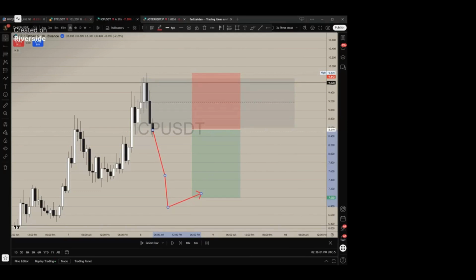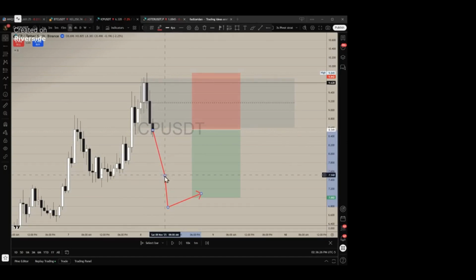To make it real simple, it depends on the crypto and NQ. But if you have all the confirmations, you have the fair value gap here, you have the displacement, you have the up close candles here, you have the fair value gap here, you had the liquidity sweep here, and then you come down and you don't get the retest.